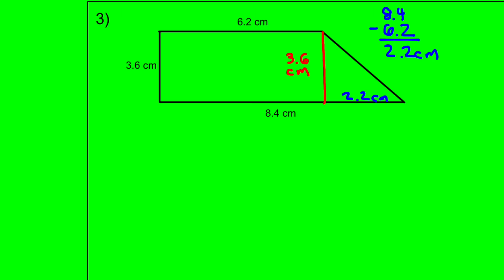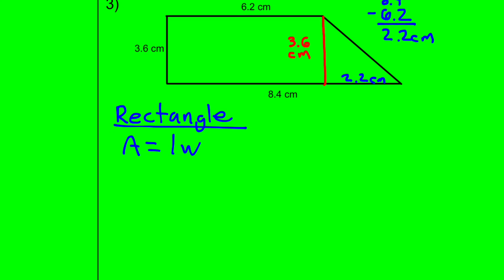Let's calculate the area of the rectangle first. It's nice to label things. Now we know area of a rectangle is length times width. Area of a rectangle is 6.2 on this one times 3.6.